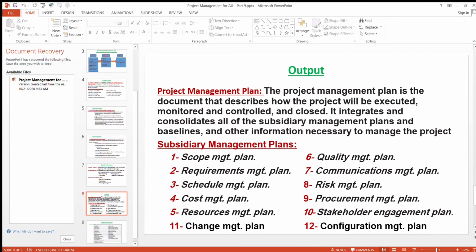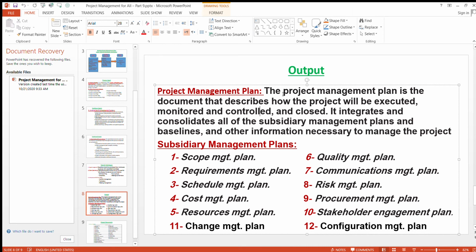So we talked about the inputs and how we use the tools and techniques to produce the project management plan. Now we talk about the output of this process. The output of this process is the project management plan, which is a very important document.